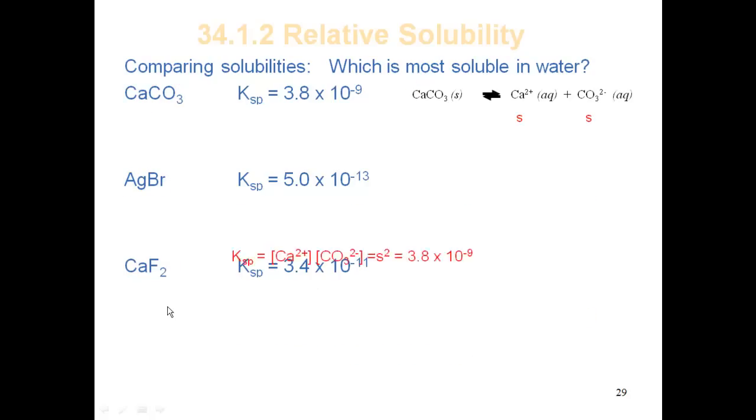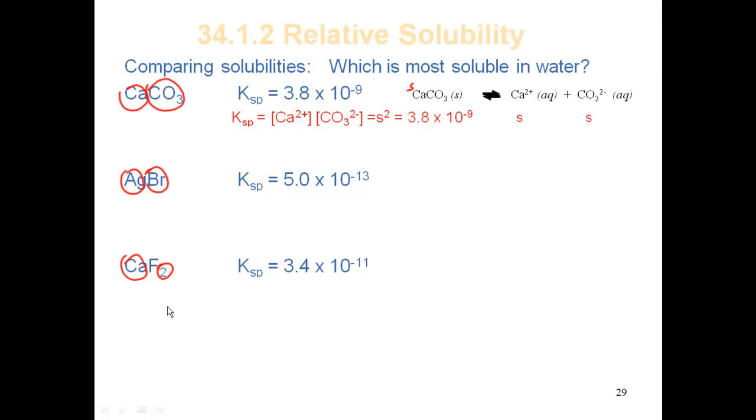Set up my KSP equal to the concentration of calcium times the concentration of carbonate, which is S times S, equal to 3.8 times 10 to the negative 9th. Take the square root of both sides, which gives me S equal to 6.2 times 10 to the negative 5th molarity.